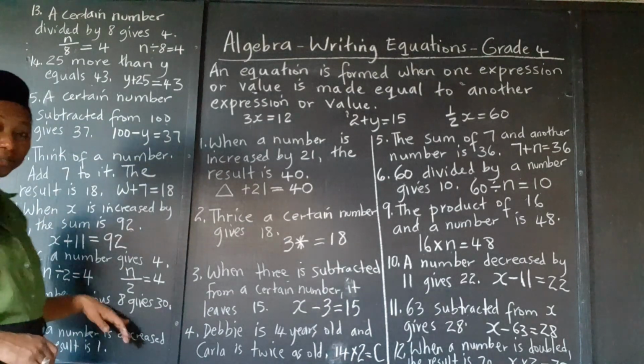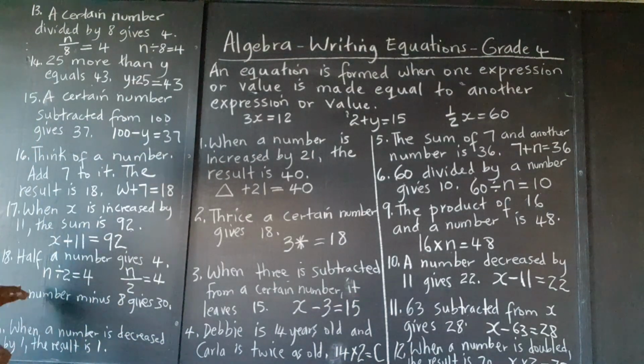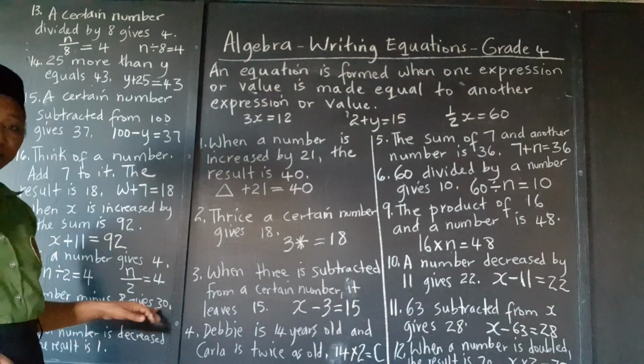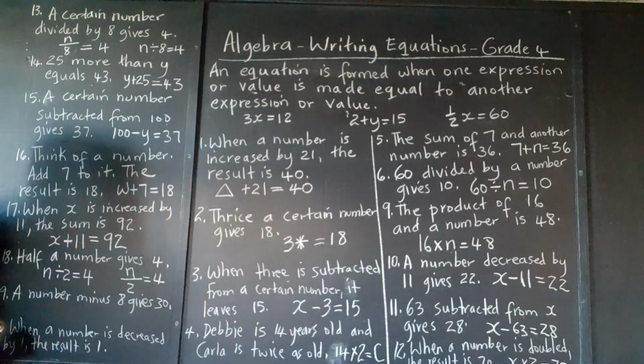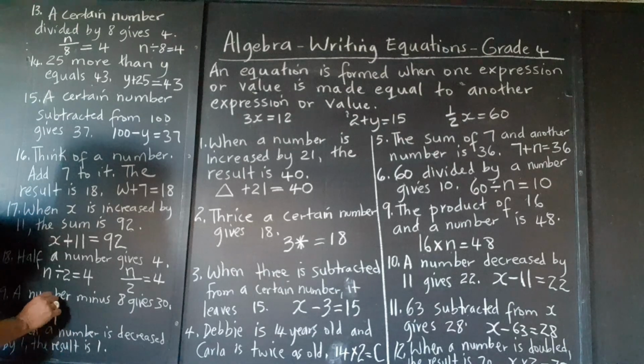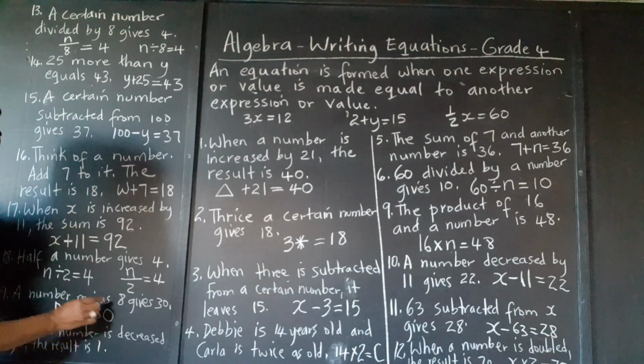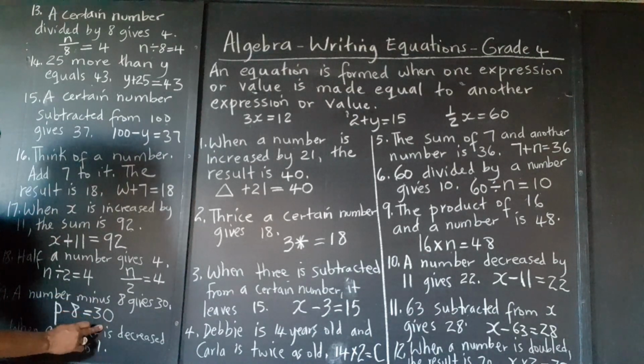Number 19, a number minus 8 gives 30. So let's say we're going to use P to represent our number. A number minus 8 gives 30. When I start with this number and I take 8 from it, I get 30.